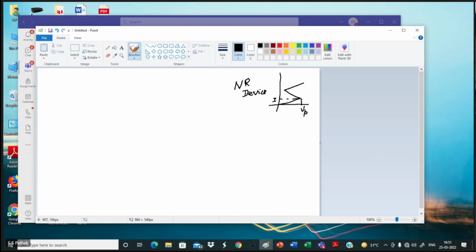Okay, peak voltage coming like this. We call it VV, which is better, but anyway, tunnel diode is reverse. I'm calling this my VP, this my IP, and this point will become my IV and VV.